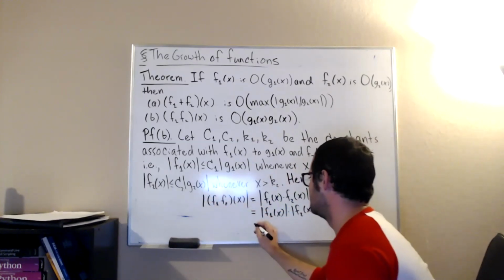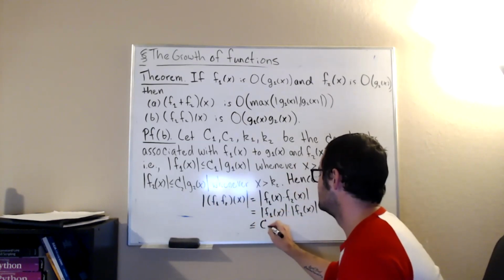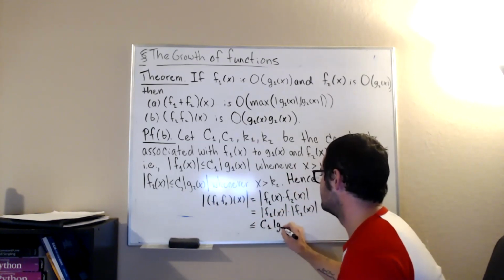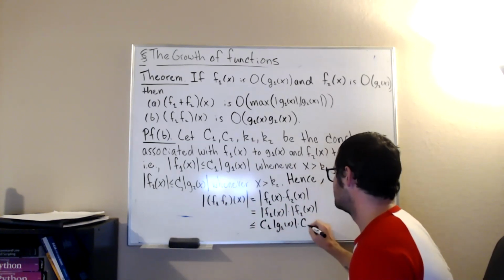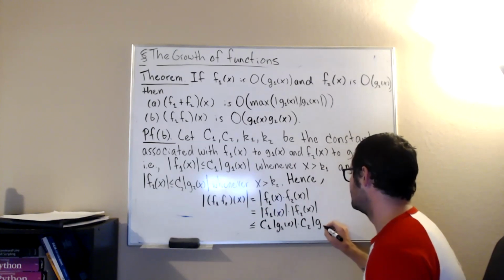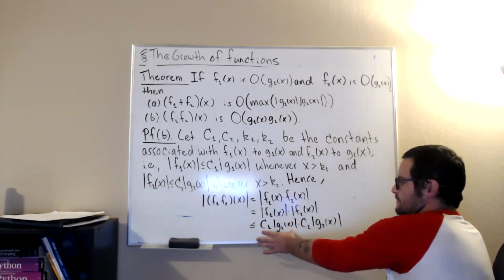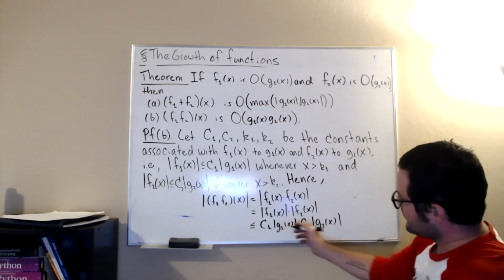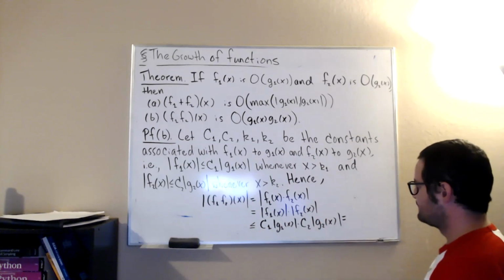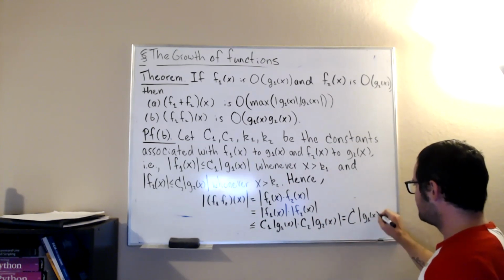So what happens is that this is bounded above by C1 times the absolute value of g1 of x times C2 times the absolute value of g2 of x. Because that is less than or equal to that, and that's less than or equal to that. I'm running out of room here, so I'll say C times the absolute values of the product.